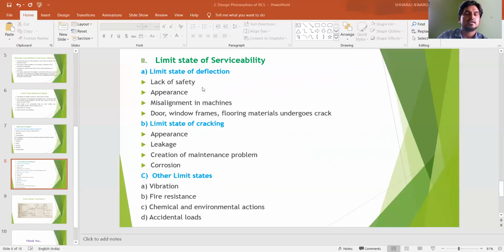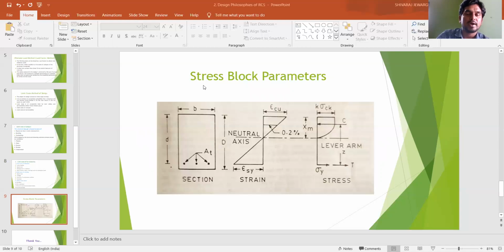Now we'll see the stress block parameters according to the limit state method. One assumption is made: the cross section of a concrete beam is considered, of width b and effective depth d. For this structure, upon loading, the stress and strain diagrams are drawn for the analysis and observation of the structure.